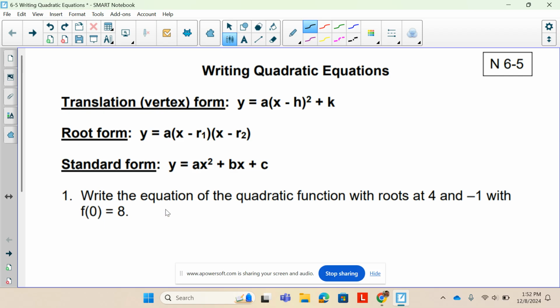So it says first, write the equation of the quadratic function with roots at 4 and -1, where with the point f of 0 equals 8. So first thing to note is that this right here is going to be the point (0, 8).